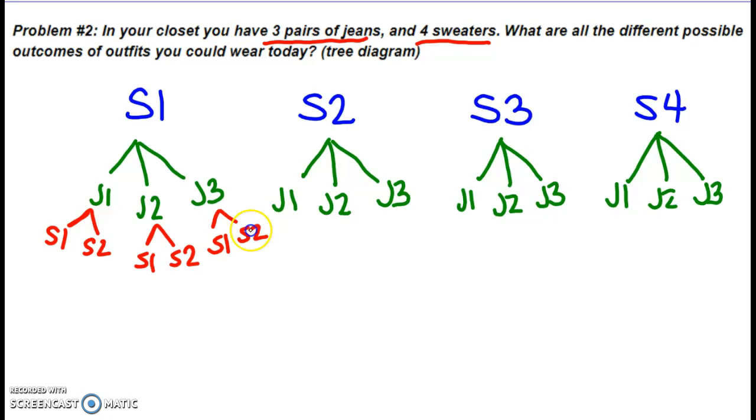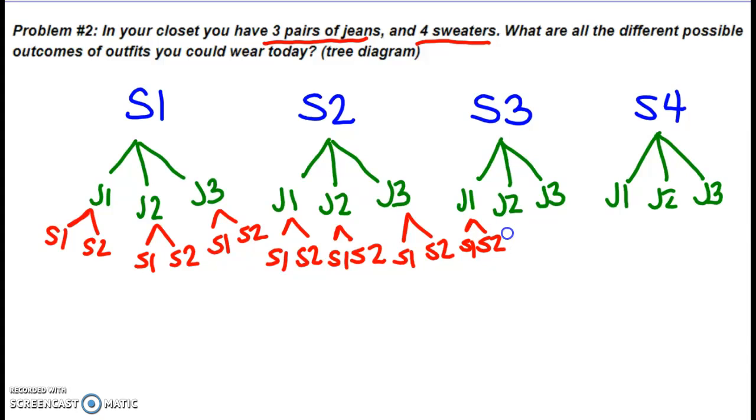So continue filling out all of these branches now, but adding your scarf options. You'll probably start to notice that these tree diagrams get a little messy. They get a little complicated. So if you don't have a lot of room, it's nice to start on just a larger piece of paper or a surface, because depending on the amount of events taking place, this could take up a lot of space.